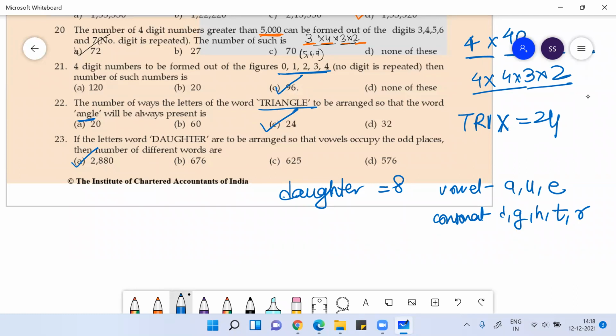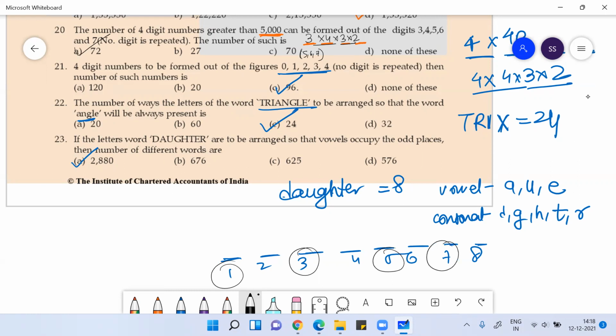So I want the vowels at the odd places. Eight letters, 1, 2, 3, 4, 5, 6, 7, 8. The vowels can come in places 1, 3, 5, and 7. Out of 4 places, anywhere a vowel will come.